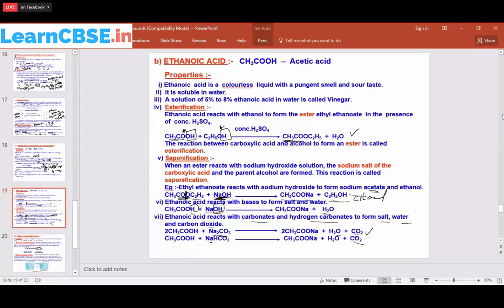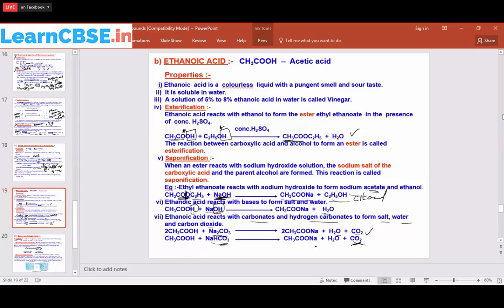CH3COOH plus NaHCO3, which we call sodium hydrogen carbonate. Here only one sodium atom is there, plus hydrogen. From the carbonate we get the CO2 gas, and in the place of the hydrogen we substitute the Na.